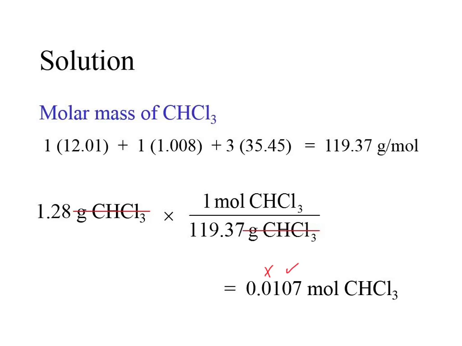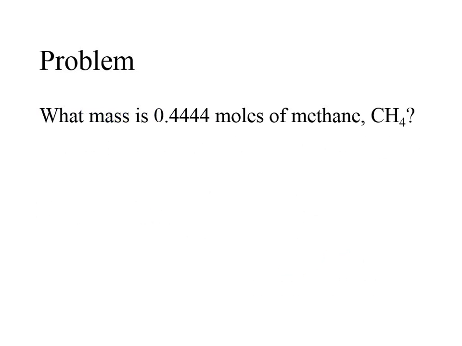This 0 right here is significant because it's between 2 digits that aren't 0. So this gives me 3 sig figs. Does that work? Yay. Okay. Well then. Let's do another one.